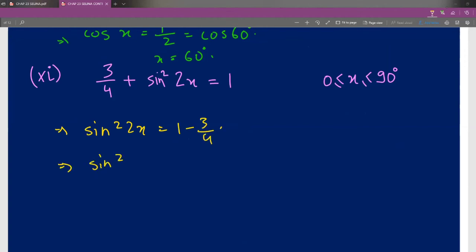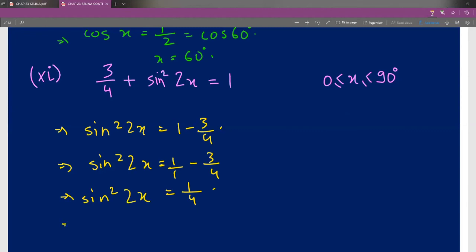So sine square 2x is equal to 1 minus 3 upon 4, which will be equal to 1 upon 4. So I can rephrase this as sine square 2x is equal to 1 upon 4.